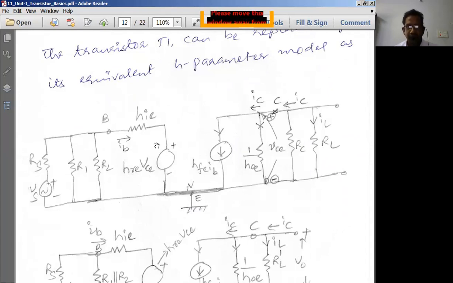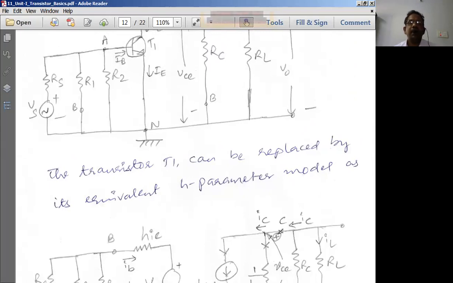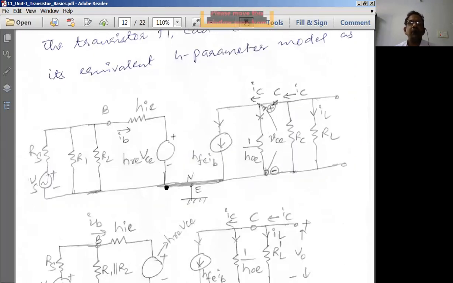How do we deduce the H parameters from the transistor? In the previous semester, we considered the transistor as a two-port network. From the two-port network, we deduced various transistor internal parameters like HIE, HRE, HFE.